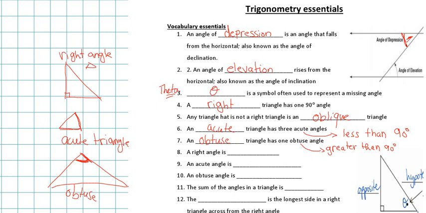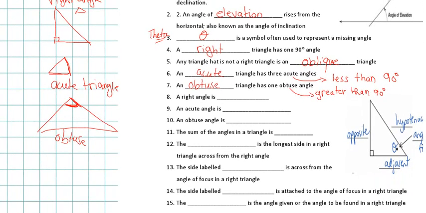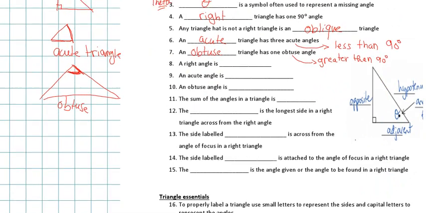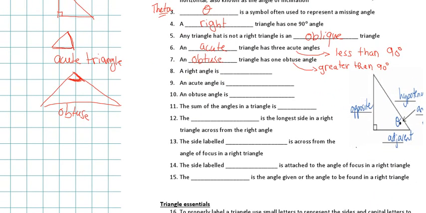Okay, so the answers for this I've already given to you, so I'm going to just write them here. So a right angle is 90 degrees, an acute angle is less than 90 degrees, and an obtuse angle is greater than 90 degrees.